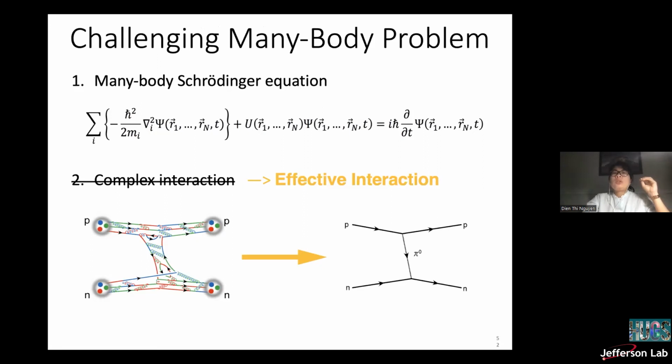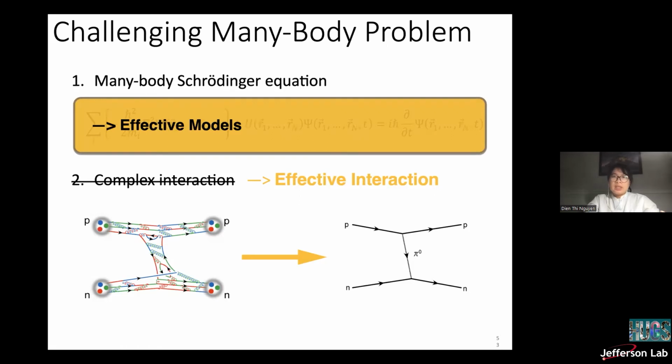So what we want to do is make some assumptions and simplify this nucleon interaction, into an effective interaction with reasonable approximation. After we have an effective interaction, we can plug that interaction into the Hamiltonian. Now it becomes an effective model, so this is a solvable problem. And based on different assumptions, we can study different aspects of this many-body system as a nucleus.